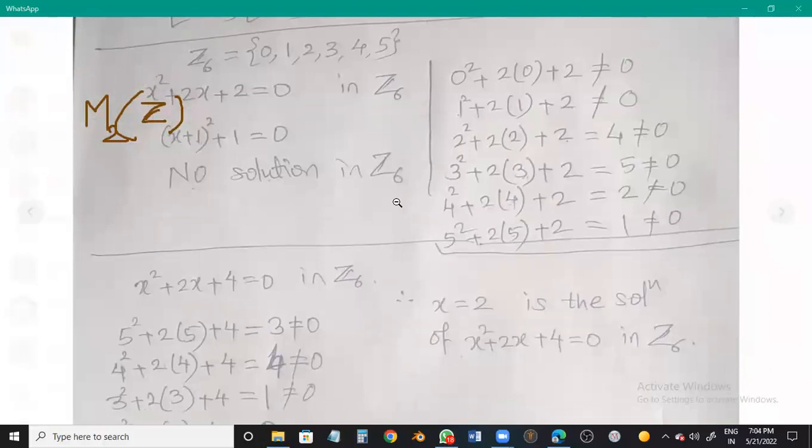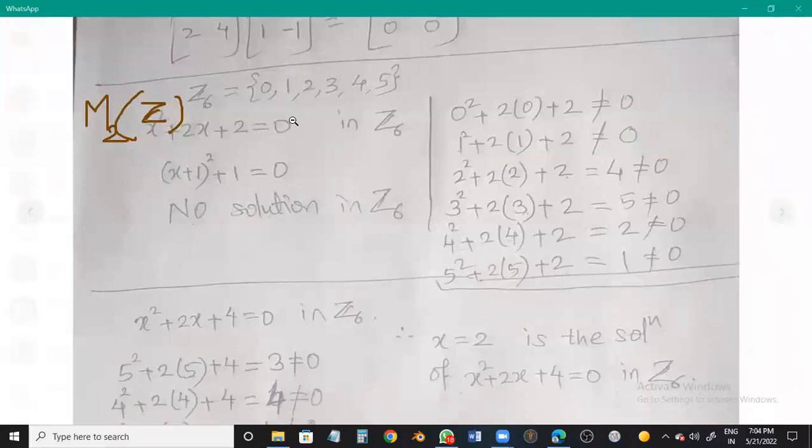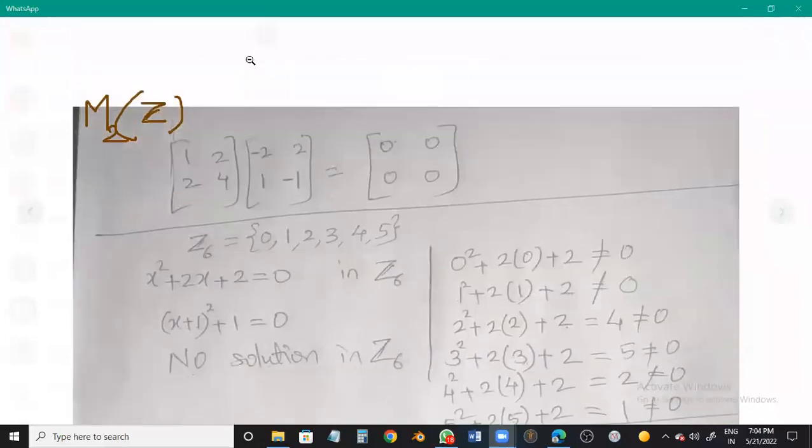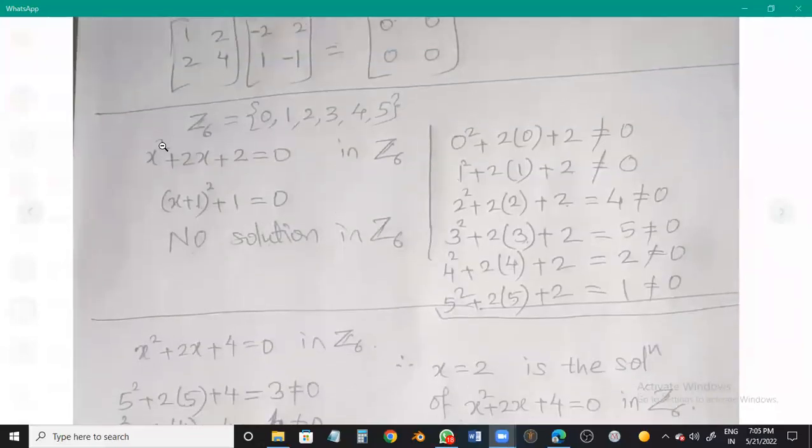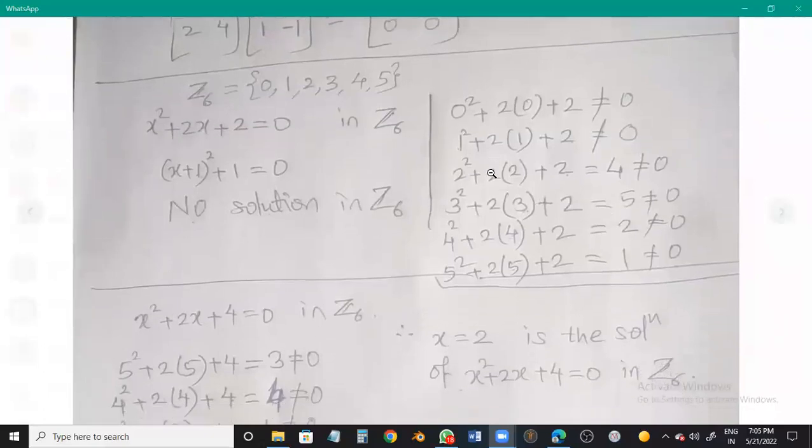X square plus 2x plus 2 for none of the elements happens to be 0. So this equation has no solution in Z6. I suppose you followed it. Is this okay? So what you observe? This equation has no solution in Z6.